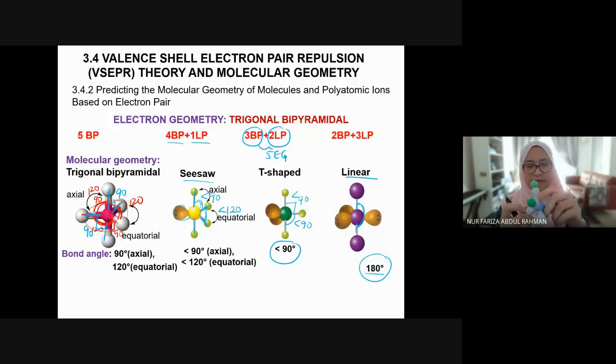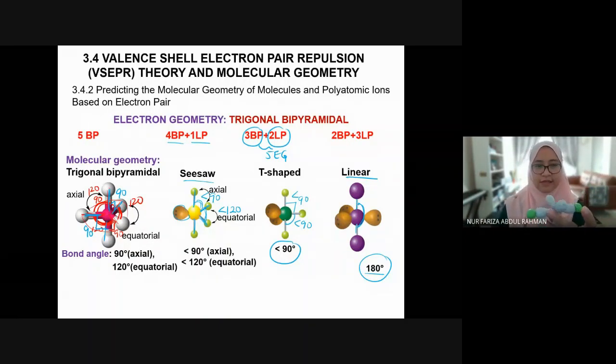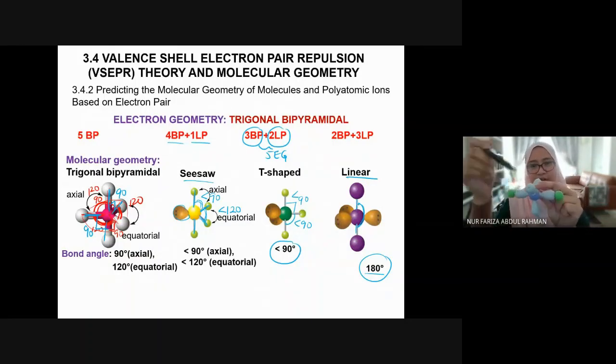Mana tadi? This one kan? Okay, alright, so macam ini. This one. Okay, kalau dia remove this one, then only kita ada repulsion. So we have repulsion. Lone pair dekat sini, tolak ini. Lone pair, dia macam circle kan, spherical kan.